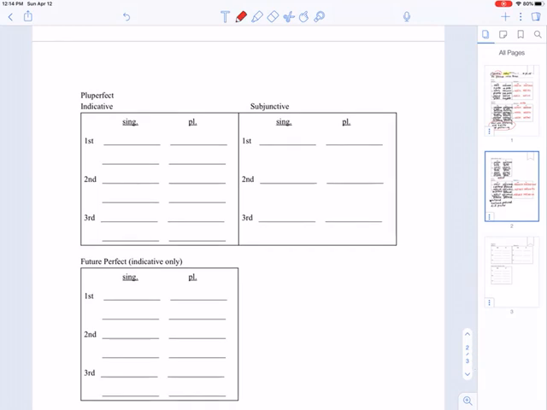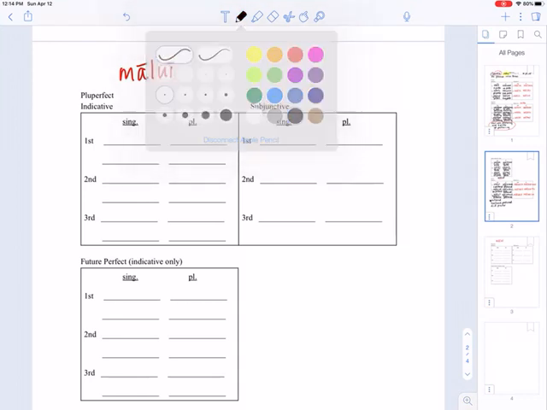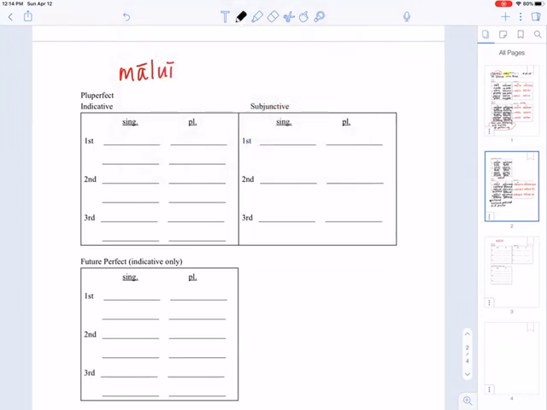Okay, and again, we're still using Malui here. For our perfect active indicative, we're going to take Malui and we're dropping that I right there. So I have Malueram. And remember, our helper with pluperfect is had.